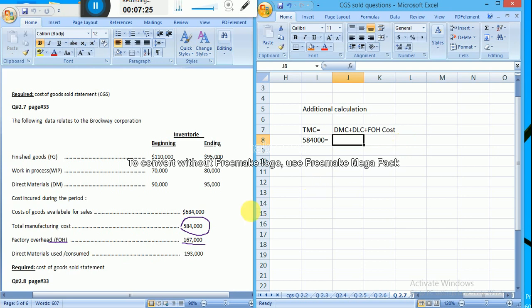Direct material cost, if you look in the question, is $1,93,000. So $1,93,000 plus direct labor cost, which is unknown, so I write unknown, plus factory overhead cost, which is $1,67,000. Okay, look at it now.